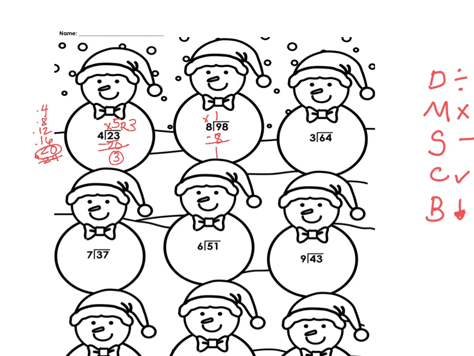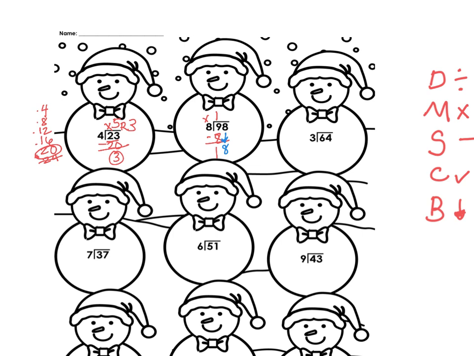Now I check, and there is still a number to bring down, isn't there? Okay, this is our first time bringing down. So I draw a little arrow just like this, and I bring down the 8, and guess what happens? I have 18. Wow, right? So I'm not done yet. How many times does 8 go into 18?